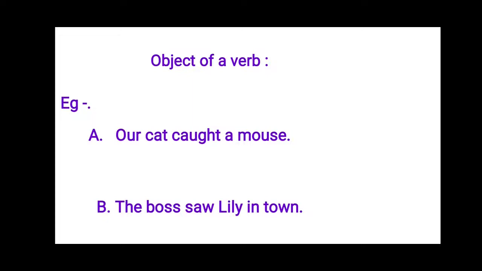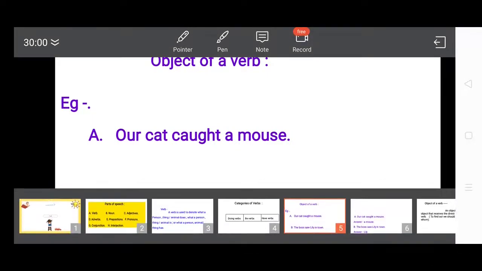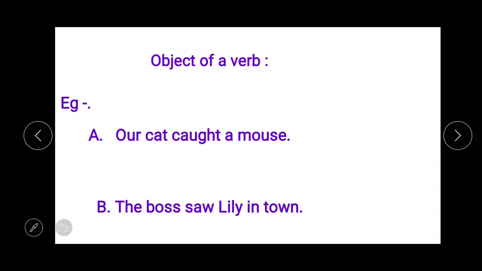So student, in order to know the object of a verb, here I have included two examples. The first example is a cat caught a mouse. And the second example is the boss saw Lily in town.